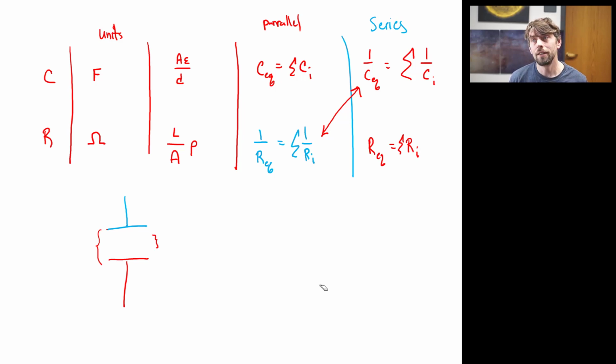Similarly, the equation that tells us how to combine capacitors in parallel looks like the same equation on how to combine resistors in series. And you can see why that happens in the first place is because for capacitors, the area is in the numerator, whereas for resistors, the area is in the denominator, and vice versa.